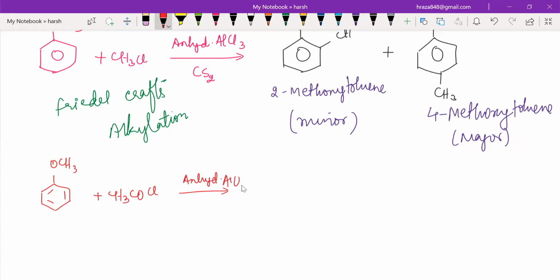Anhydride, AlCl3. So what happens here? There will be addition of COCH3 at ortho and para positions. Just write with me.